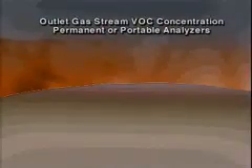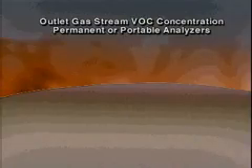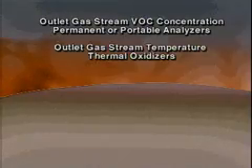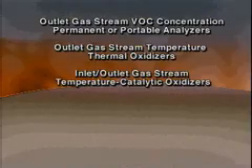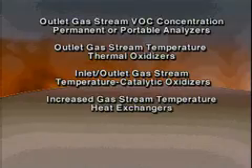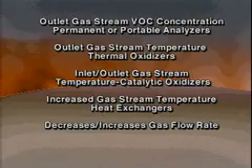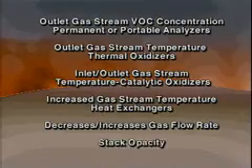To determine if an incinerator is operating correctly, field personnel should observe, if possible, the outlet gas stream VOC concentration, either with permanent or portable analyzers, the outlet gas stream temperature for thermal oxidizers, the difference between the inlet and outlet gas stream temperature for catalytic oxidizers, increased gas stream temperature across heat exchangers, decreases and increases in the gas flow rate, and stack opacity.